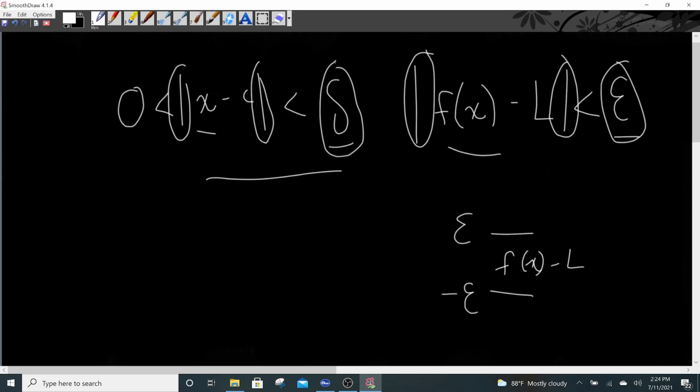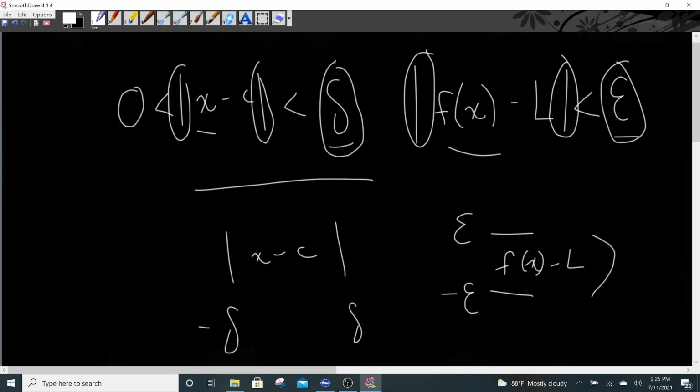And if we ignore the zero less than for just a second, we know that this is a small domain where we have negative delta and delta with x minus c in between. That's what this absolute value is doing to both of these.